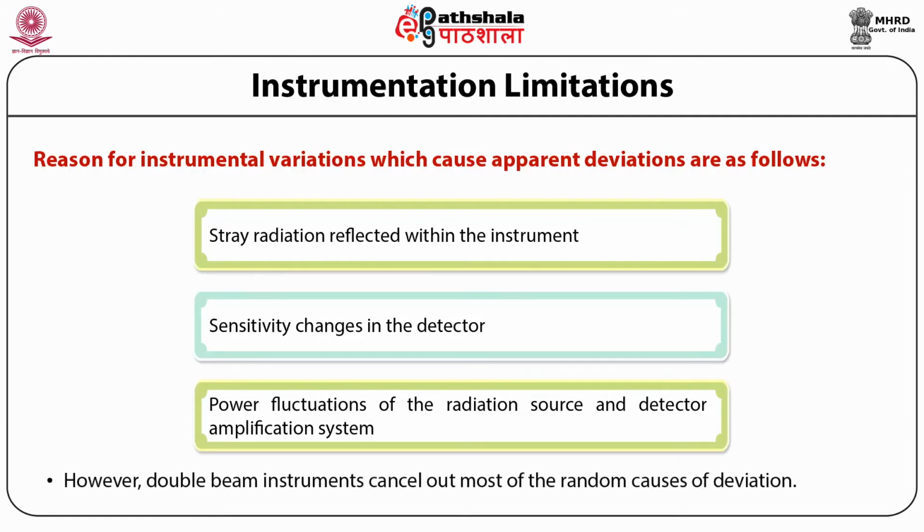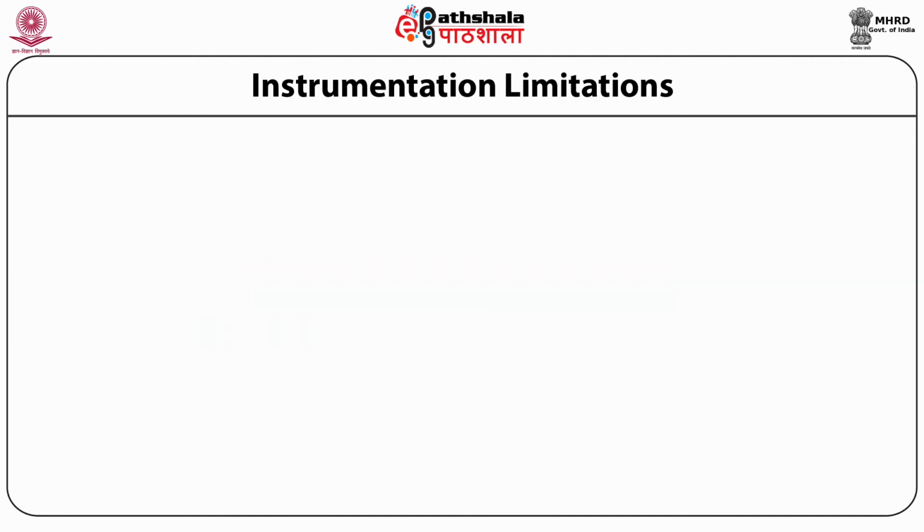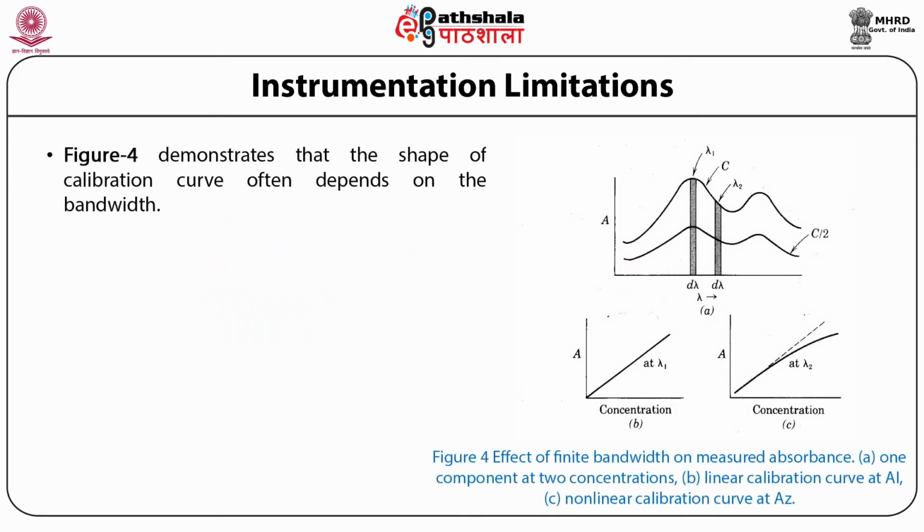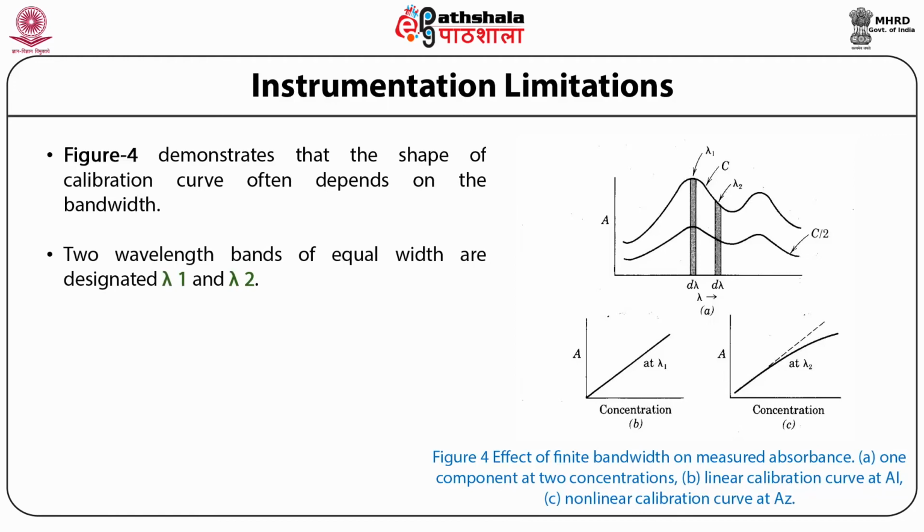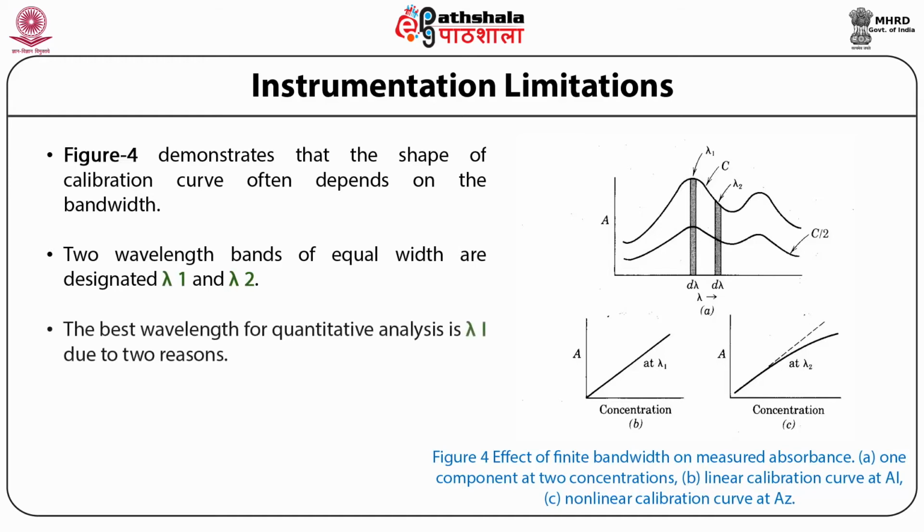However, double beam instruments cancel out most of the random causes of deviation. Figure 4 demonstrates that the shape of the calibration curve often depends on the band width. Two wavelength bands of equal width are designated lambda 1 and lambda 2. The best wavelength for quantitative analysis is lambda 1 for two reasons.